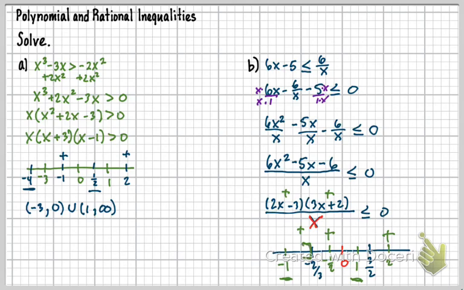And I'm using brackets here because it says equal to. And that means I include it. So now remember, I'm using the blue and the red here to determine that. And also I have this one. And remember that red was my asymptote, so I'm going to use a parenthesis there. And that's where the importance of that comes in.